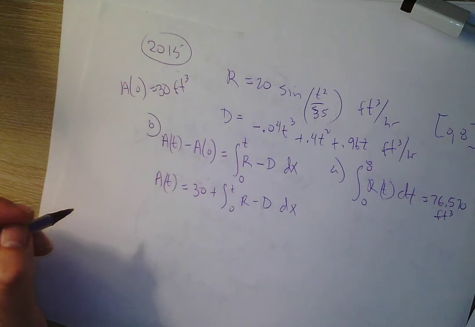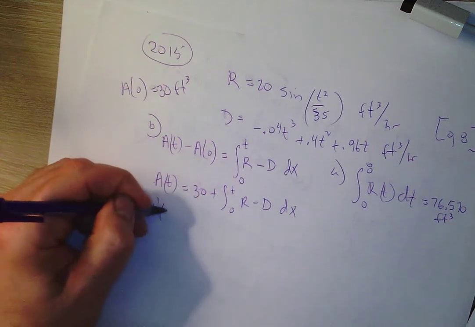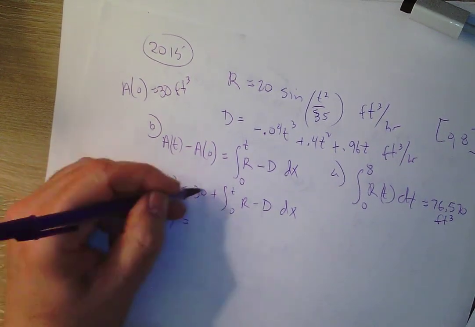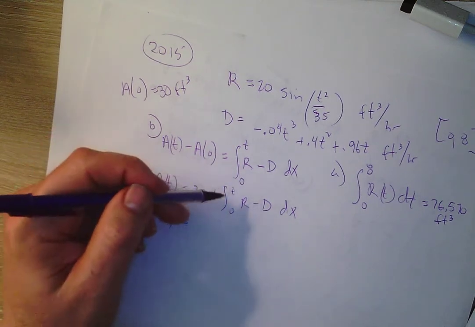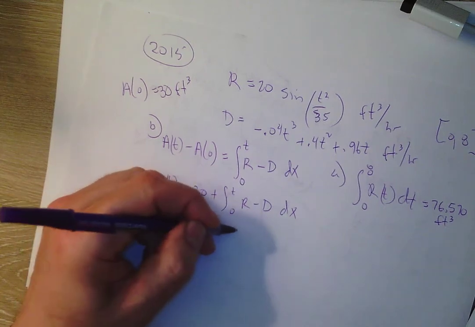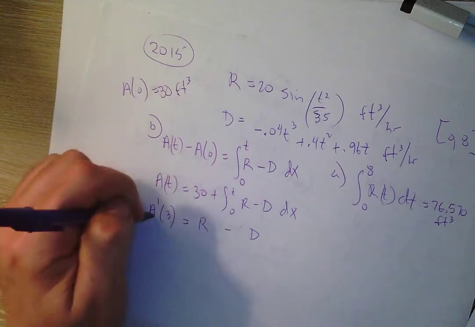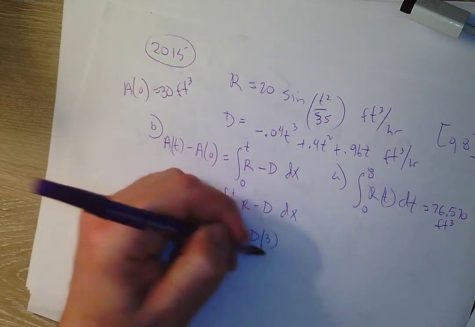I want to know, is the amount increasing or decreasing? So I want to look at A prime of 3, which means I have to take the derivative here. Well, if I take the derivative of 30, I get 0, and if I take the derivative of this integral, I get R minus D. So A prime of 3 will be R of 3 minus D of 3.